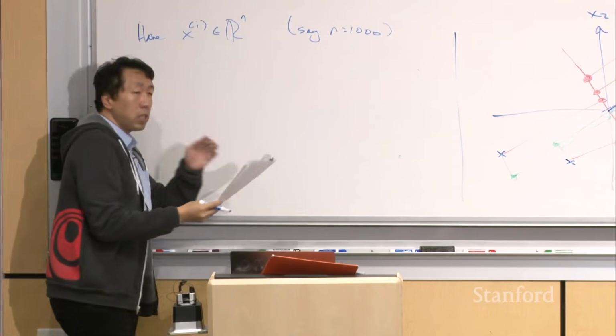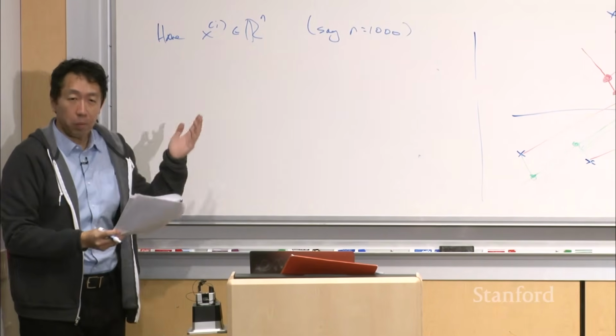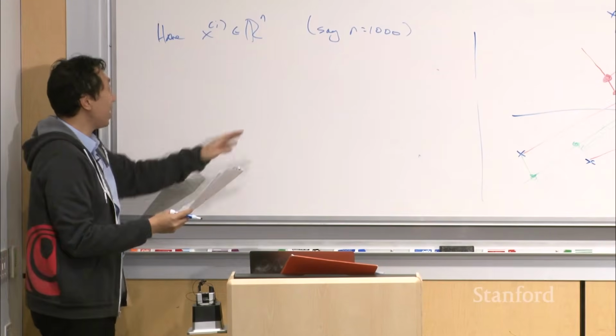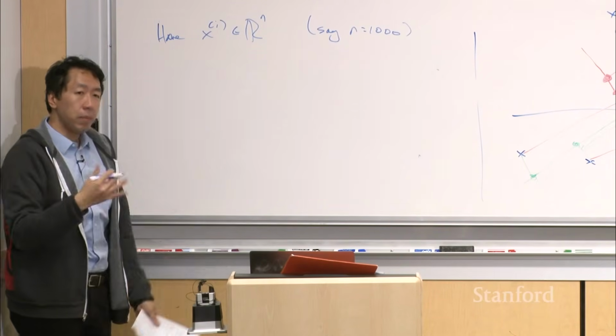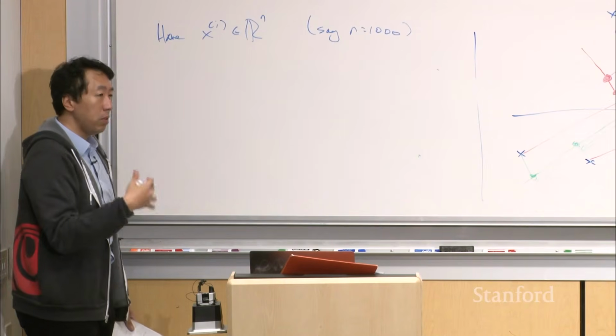Let's say you have very high dimensional data, right? Say 1,000, well, 1,000 is not that high these days, but let's say you have 1,000 dimensional data, and you want to reduce the dimension from 1,000 to 10.